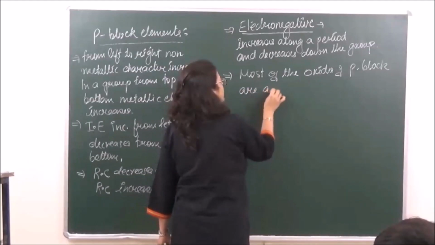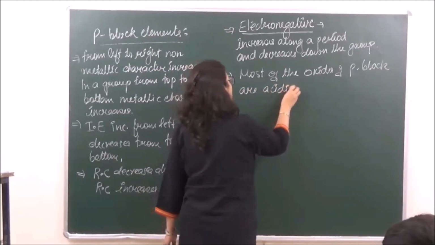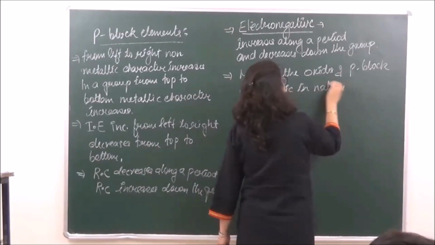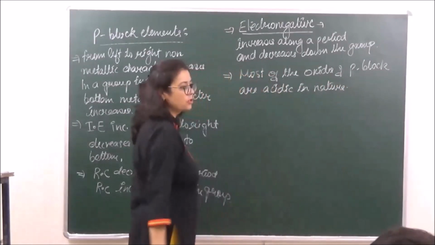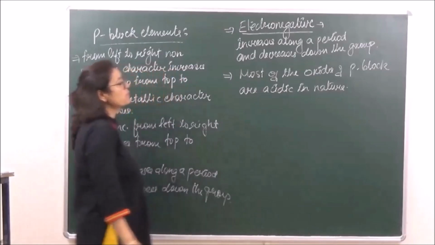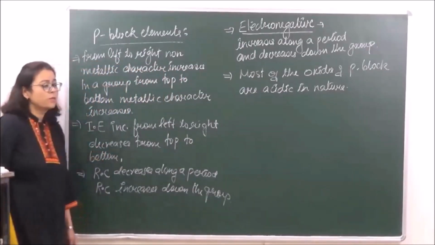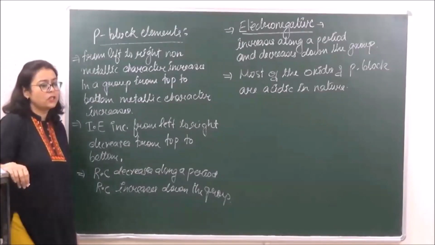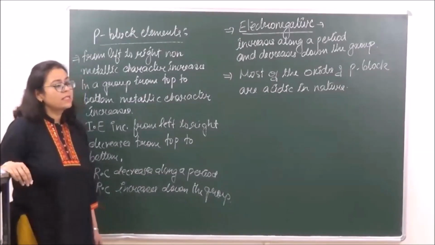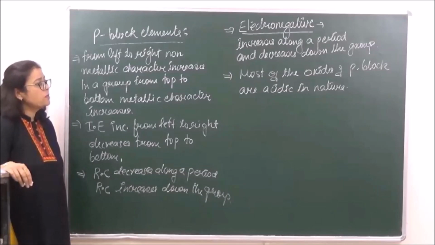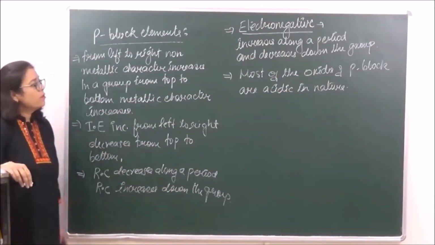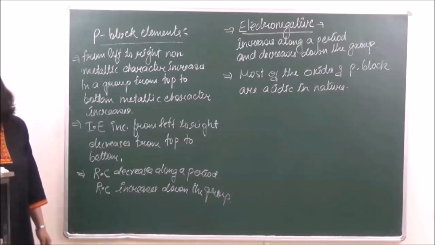This is important. Because most of them exist as non-metals, and non-metallic oxides are always acidic in nature, whereas metallic oxides are always basic. So because p block consists majorly of non-metals, their oxides are going to be acidic.